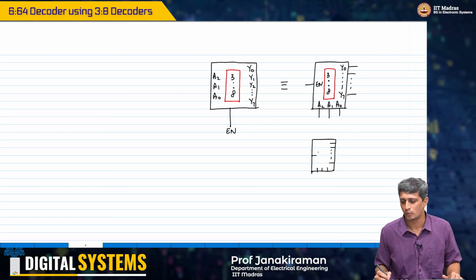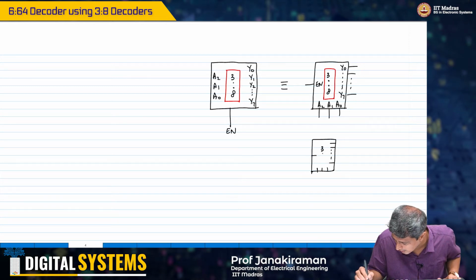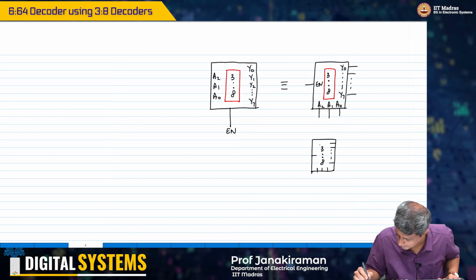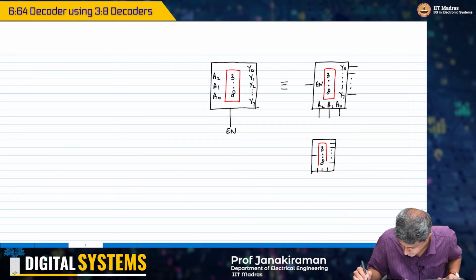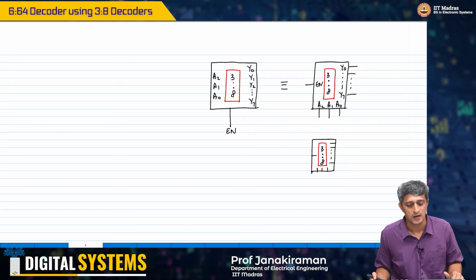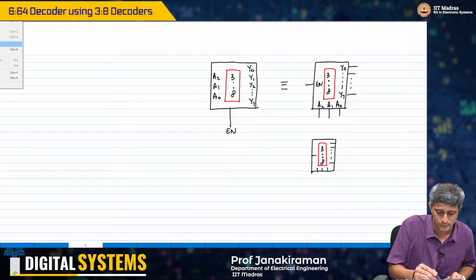Okay, I'm just going to represent it like this. So this means it's a 3:8 decoder. Okay, so we are going to go ahead and build our decoder using this symbol.